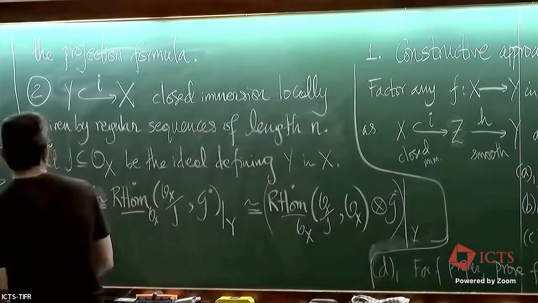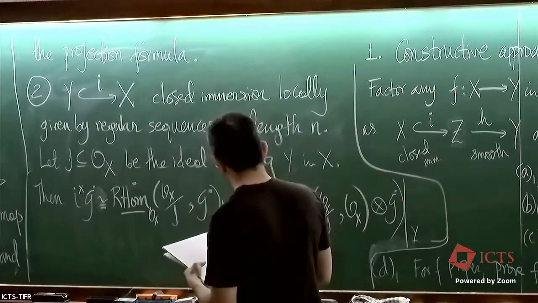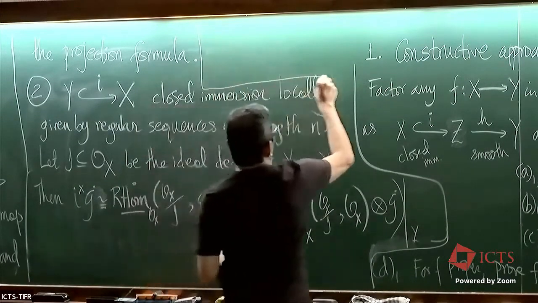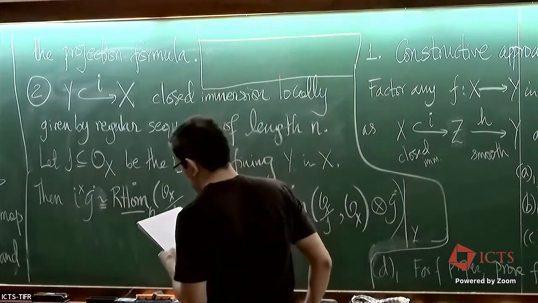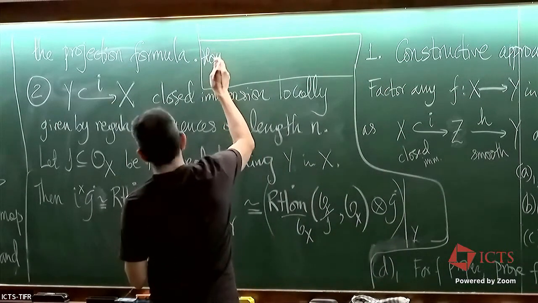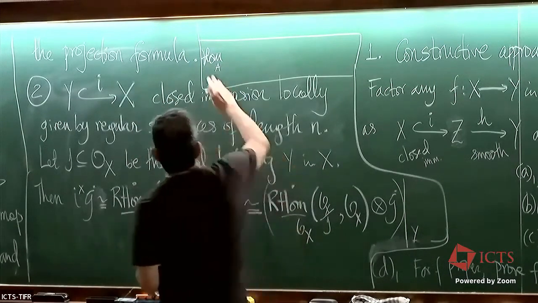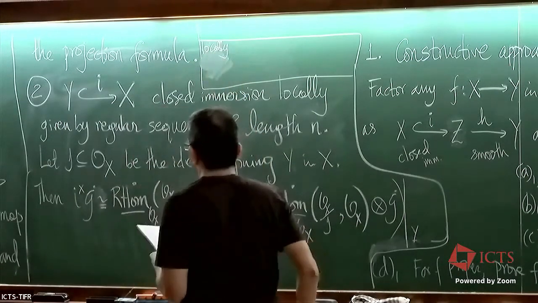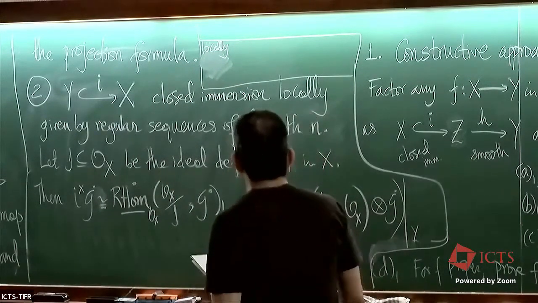But before that, let's do a quick side calculation. I hope you can read this; I'll write it a little small. So this is Hom over A. First let me say locally: I will go to some suitably small open set where the ideal is given by a regular sequence of length n.